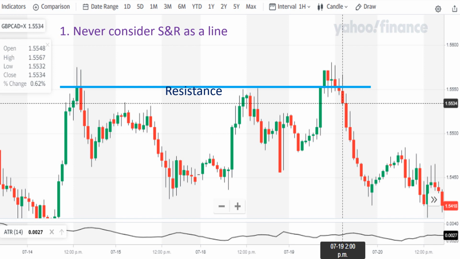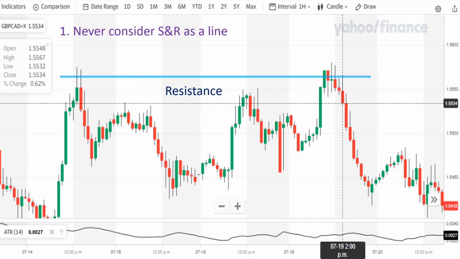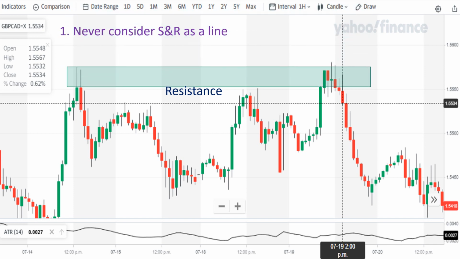Now I replace my resistance line with an area. The first scenario is still the same. The price goes up, gets rejected by the resistance and closes below the resistance. So I can exit the trade at the close price of this bearish candle. In the second scenario, the price didn't break out of the resistance.